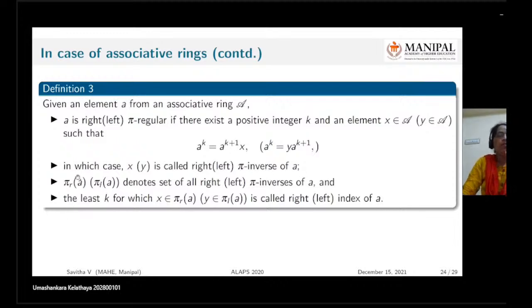And pi_r(a) or pi_l(a) denotes the set of all right or left pi inverses of a, and the least k for which x belongs to pi_r(a), y belongs to pi_l(a), is called the right or left index of a.